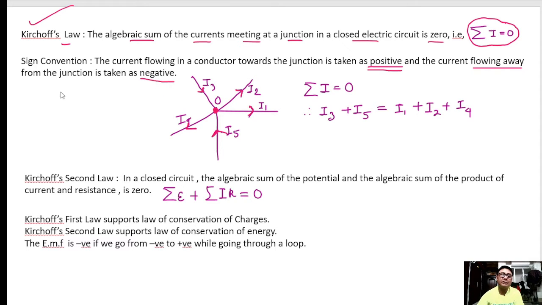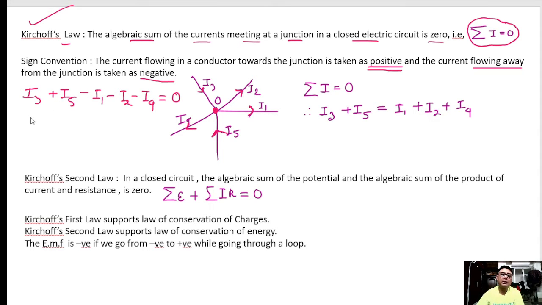So I can write I3, which is the current entering, plus I5, minus I1 because it is going out, minus I2, minus I4, should be 0, because this was Kirchhoff's first law.